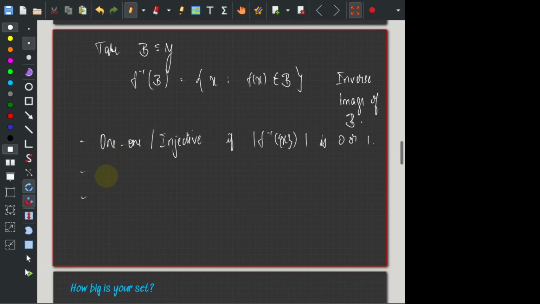It is onto, or surjective, if the range is equal to the codomain, and it's bijective if it is both.